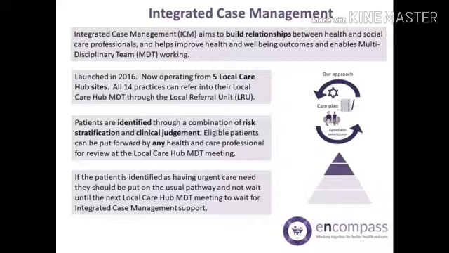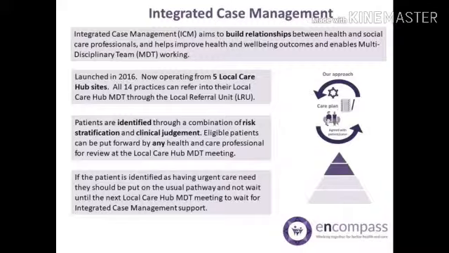So we launched the 5 hub sites that I showed you earlier, and we identified patients through a combination of risk stratification through the GP systems, but also clinical judgment and any gut feeling of anyone within that MDT, the multidisciplinary team, that was just generally worried about someone.